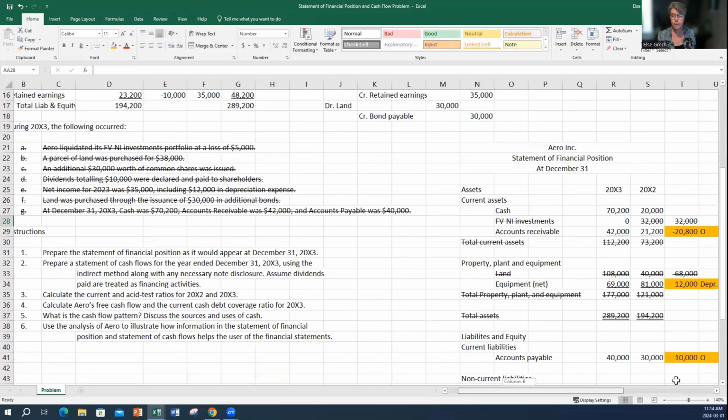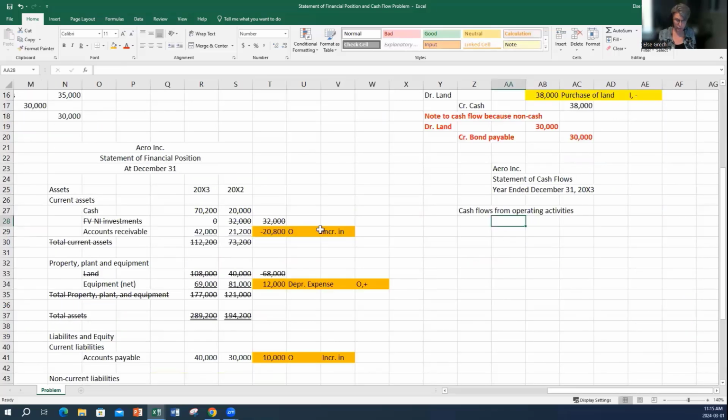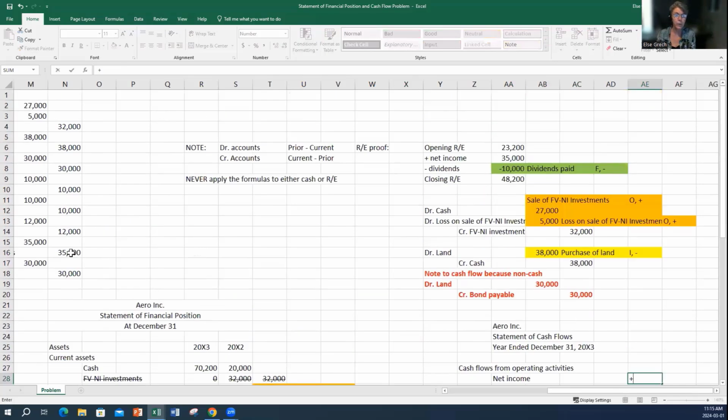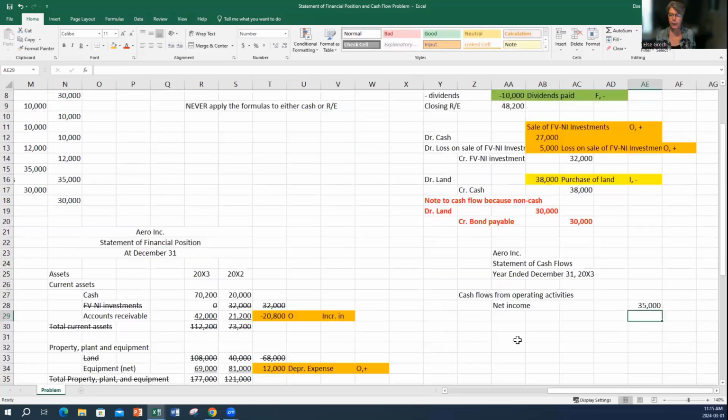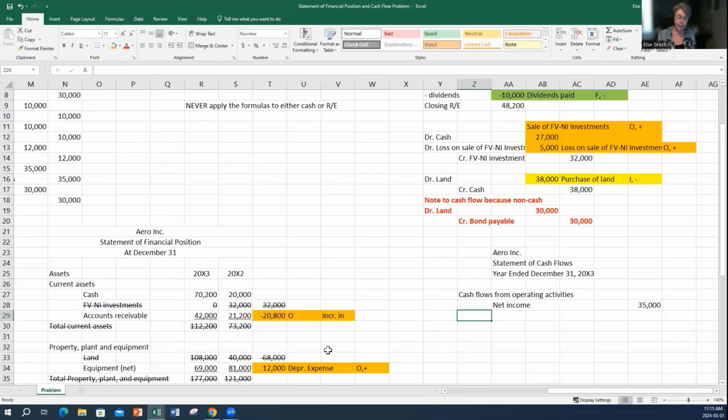Yes. So we're going to start with net income. And we already know what net income is because we've talked about it. It's 35,000 right here. And it's 35,000 right here. So it doesn't matter where we get it. So we've got net income. And now we have adjustments to reconcile net income to net cash provided by operating activities.